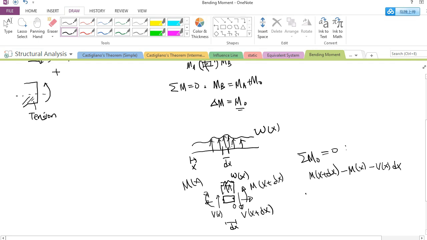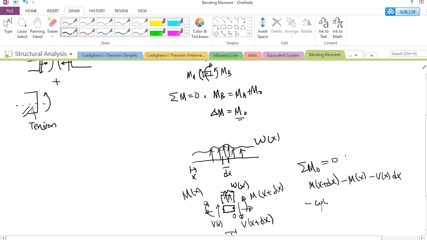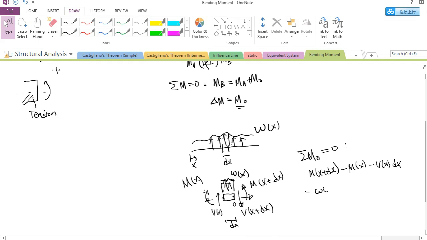Also minus the moment from omega x, because it's infinitesimally small we can assume it's a constant, times the magnitude times the centroidal distance dx over 2, equal to 0.